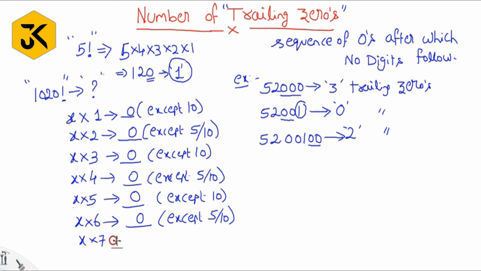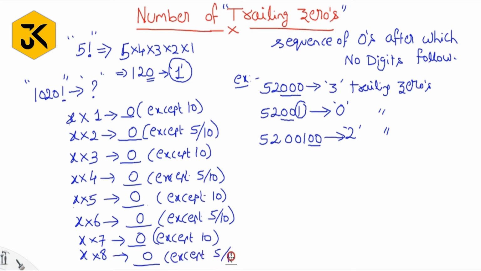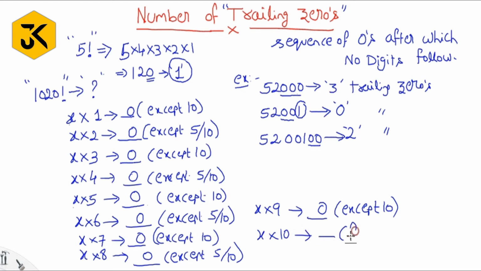For 7, except 10, you won't get a trailing zero. For 8, you will get it only when x is 5 or 10. Similarly, for 9, you will get a trailing zero only for 10. For 10, with any number you will get a trailing zero.